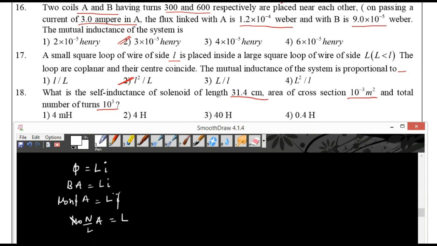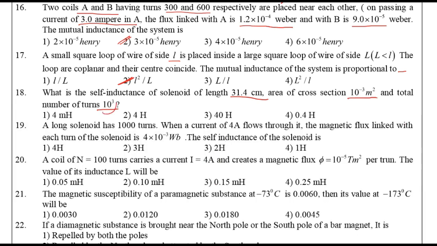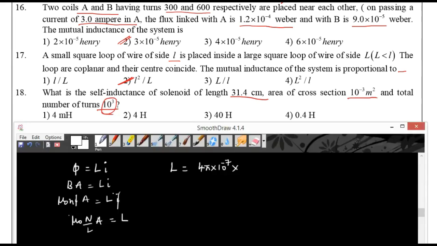Let's now substitute these values here. L is equal to mu naught, which is 4 pi into 10 power minus 7, into total number of turns 10 power 3, into area 10 power minus 3, by length 31.4 centimeters, that is 10 power minus 2.